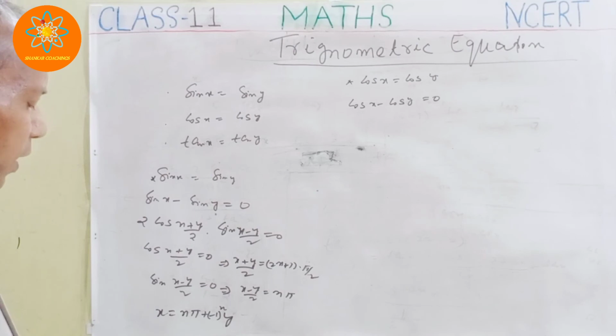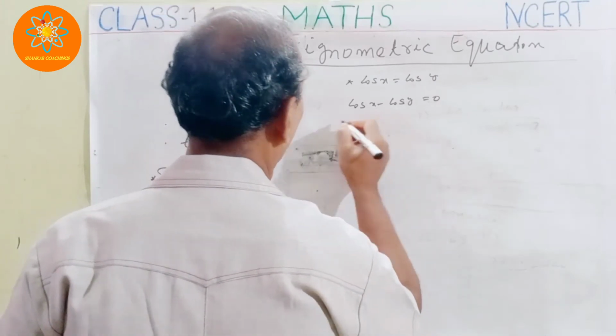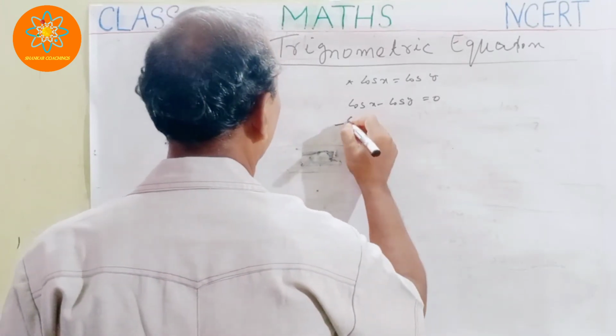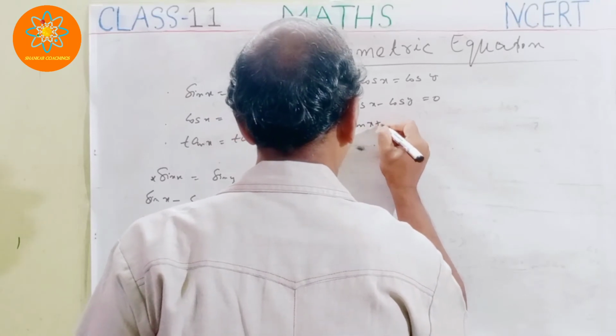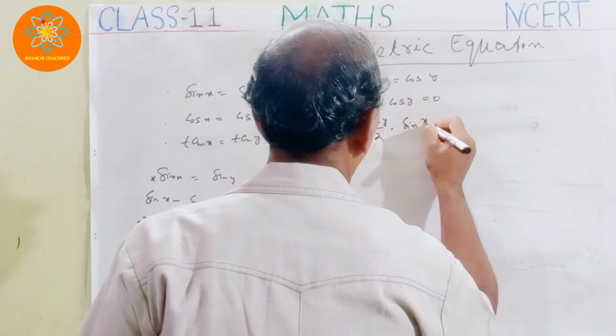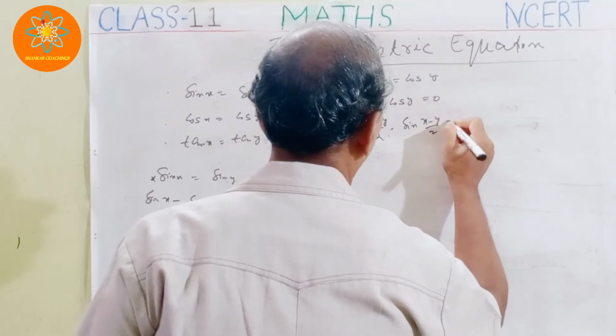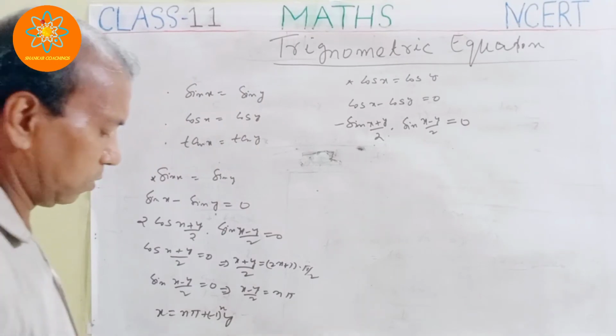So cos x minus cos y is equal to minus 2 sine of (x plus y)/2 into sine of (x minus y)/2, and this is equal to 0.